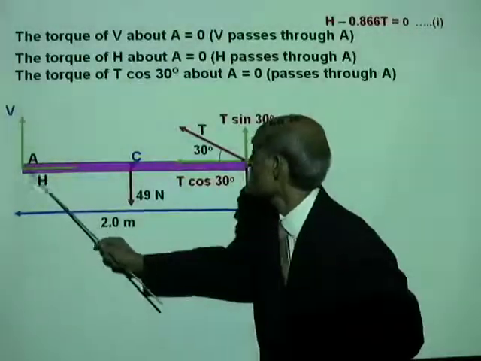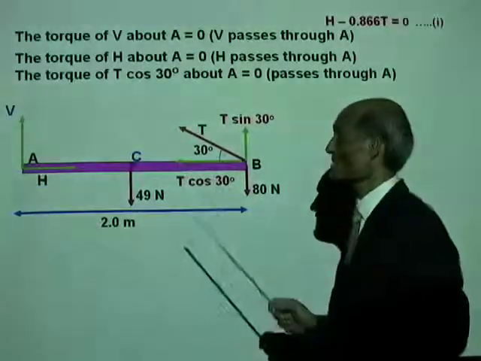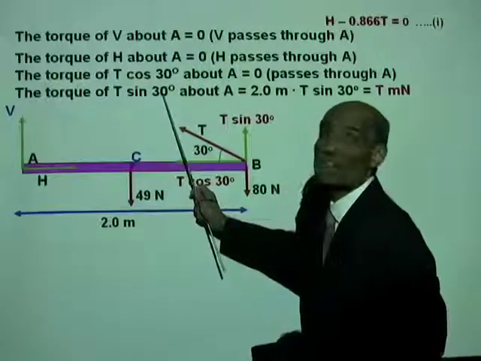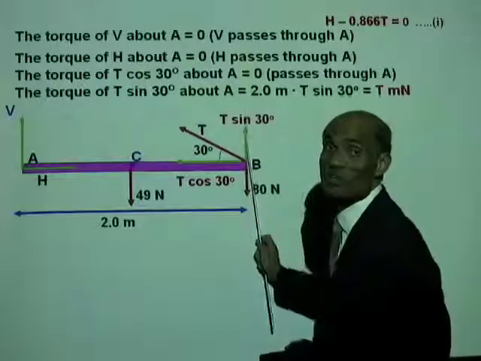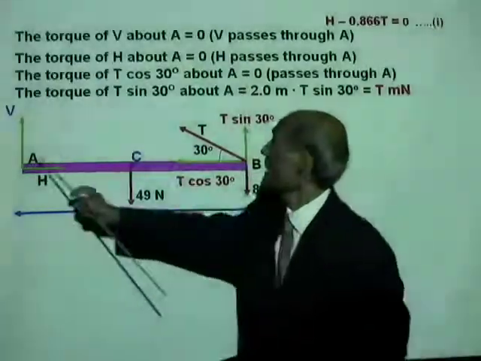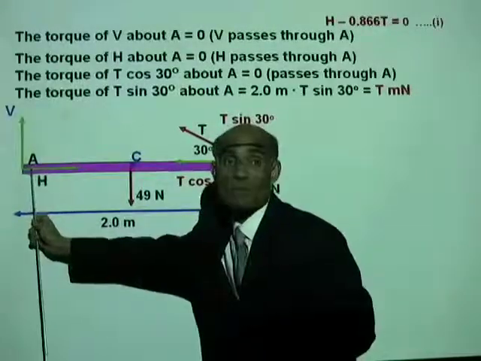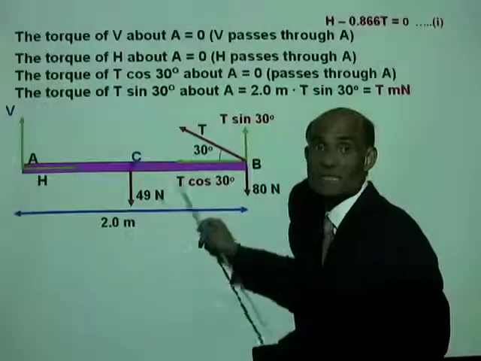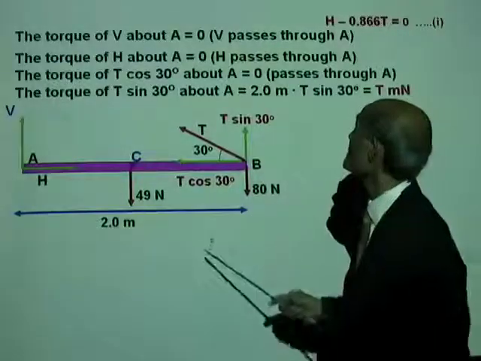Well, the distance from A to B is 2 meters, the length of the strut. The torque of T sine 30 degrees about A. Look at that. T sine 30 degrees is this force. What is the torque of this force about an axis passing through A? The torque arm is this distance, the perpendicular distance. That would be 2 meters multiplied by T sine 30 degrees.